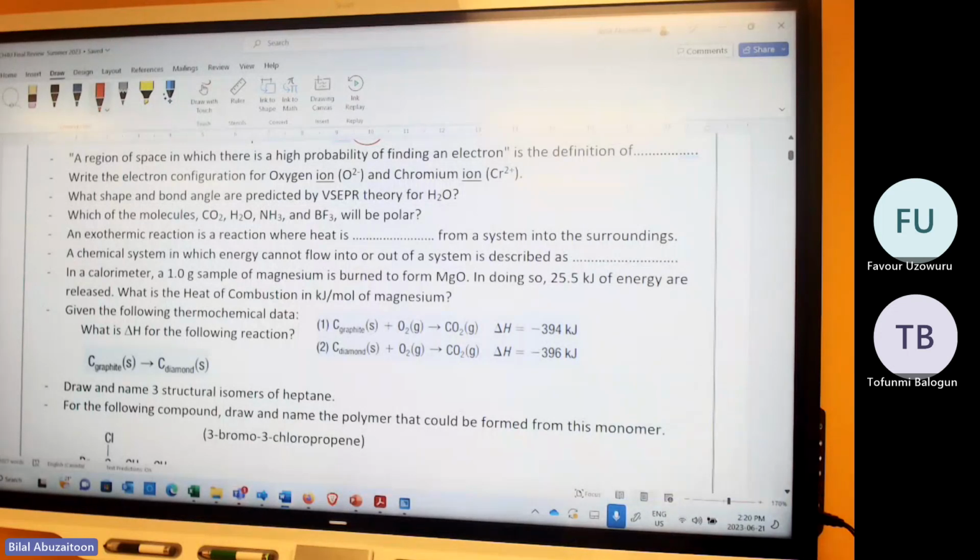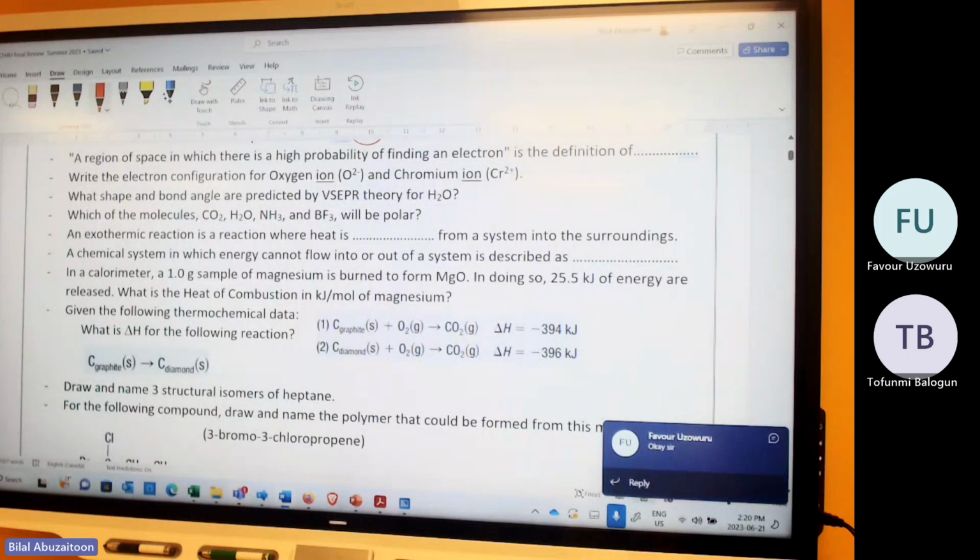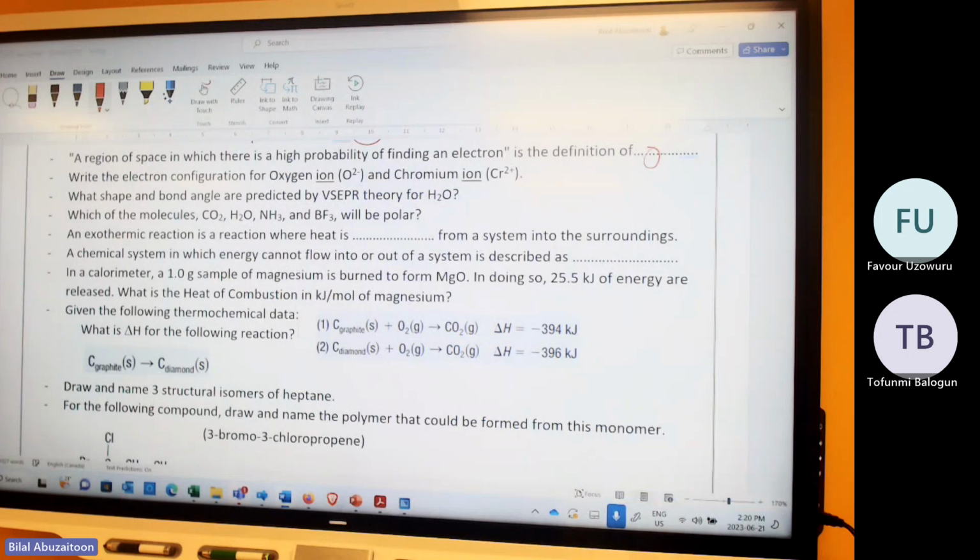A region of space in which there is a high probability of finding an electron. The definition of what? Orbital.